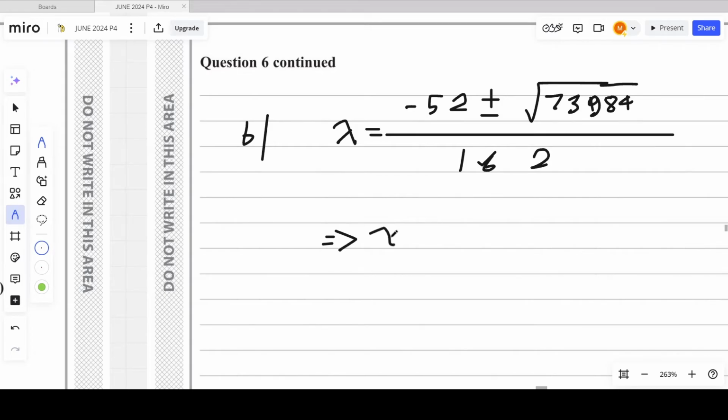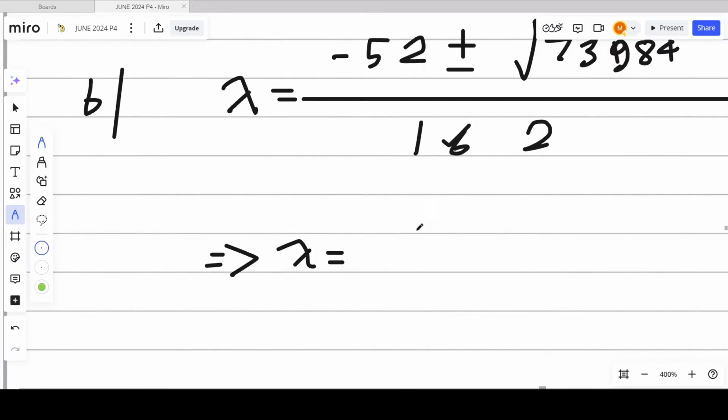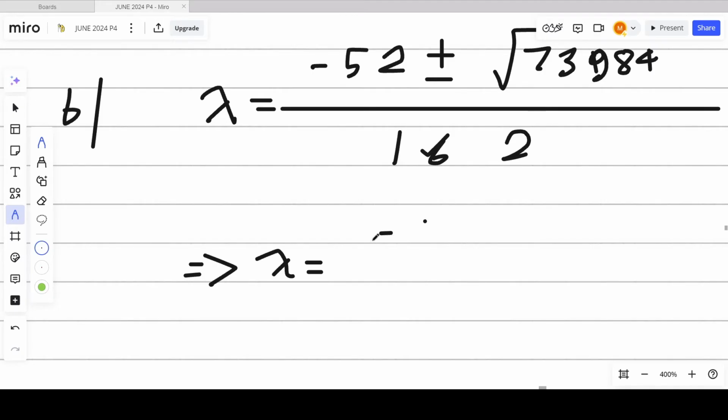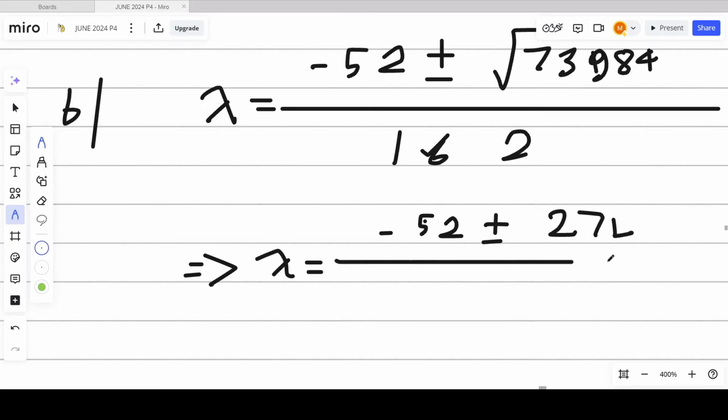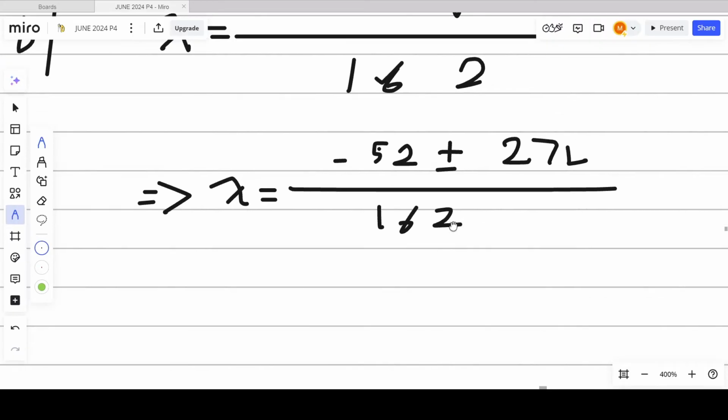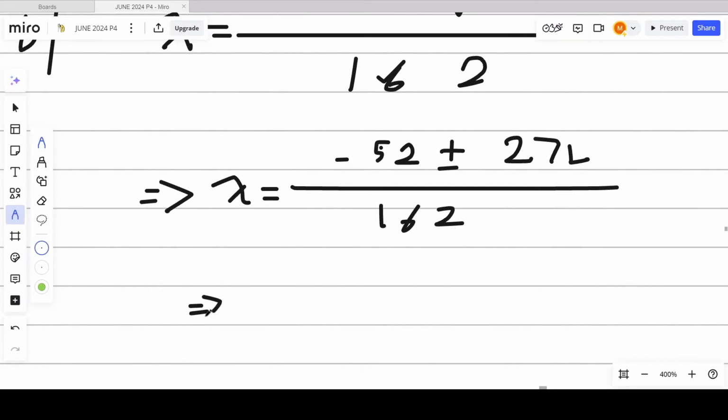Since it's a quadratic equation, we will get two possible values for lambda. So either negative 52 plus or minus 272 over 162.